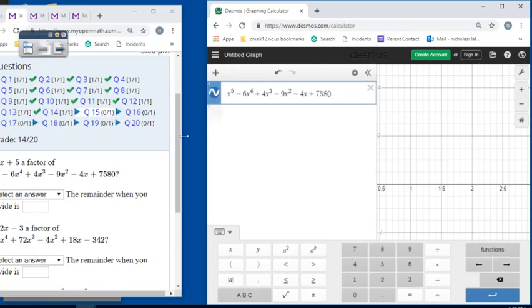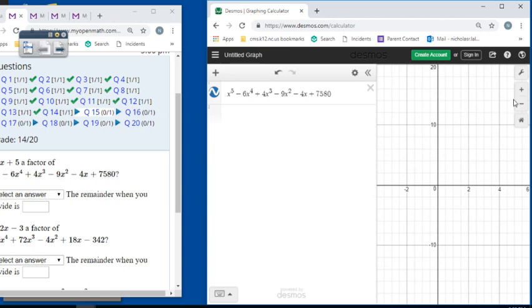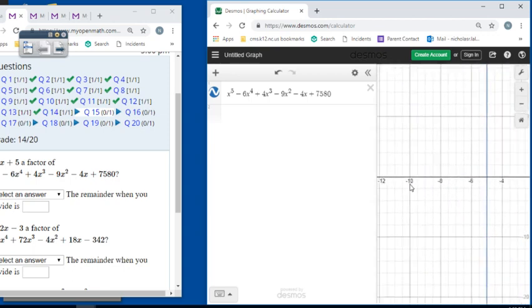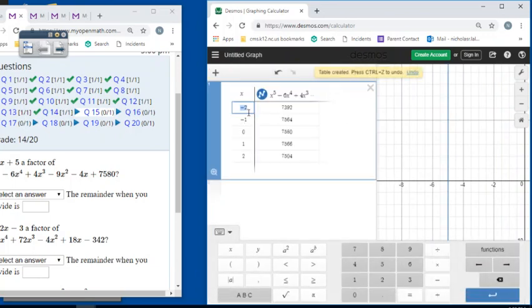And if x plus 5 is a factor, that means we will have a 0 at negative 5, which we do. If our x value is negative 5, we have a y value of 0. So if our y value is 0, then the remainder is 0, and it is a factor.